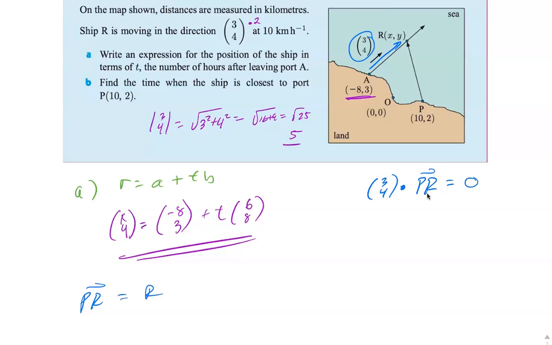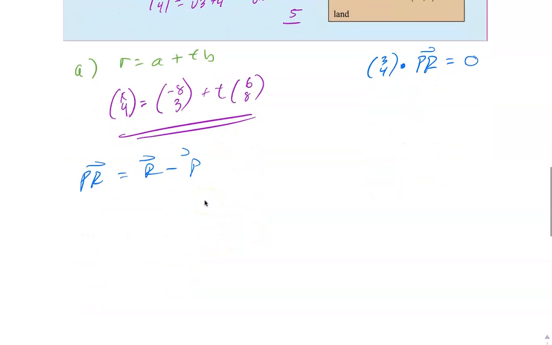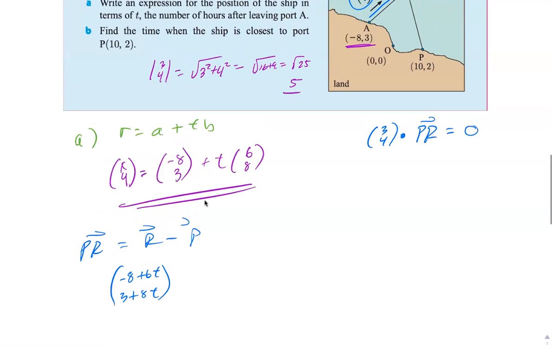tip minus tail, R minus P. Remember, R is any point on this line. So R is literally just this vector right there. It's any point on this line. This is the equation for that, because again, I don't know where R is happening. So R is literally just going to be negative 8 plus 6t and 3 plus 8t. That's all R is.